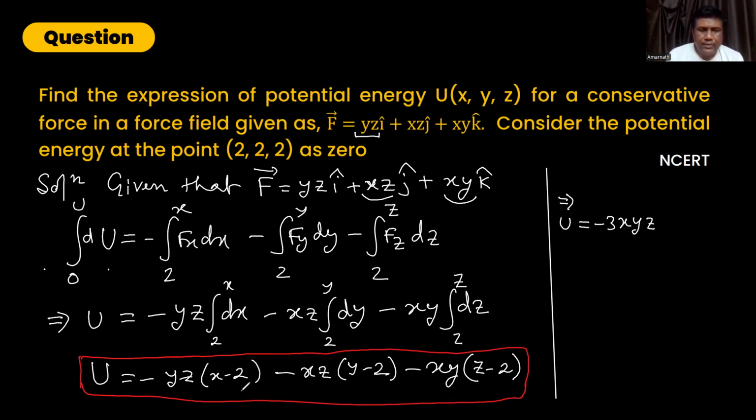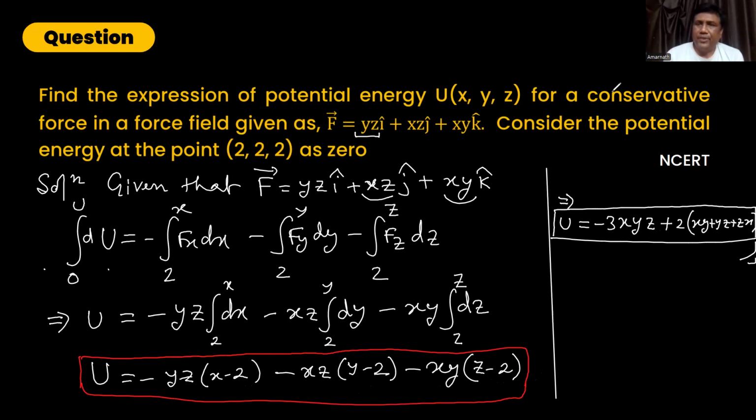And here you are going to get plus 2yz, 2xz and 2xy. So if you take 2 common, it will be xy plus yz plus zx. So this is a little bit simplified form, and that can be treated as the final answer.